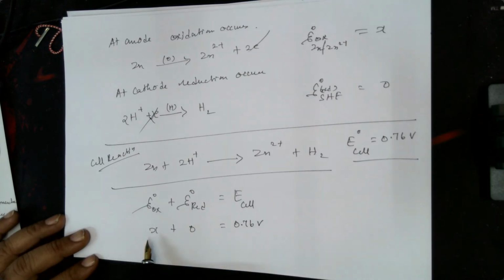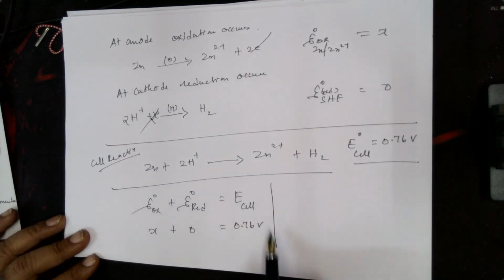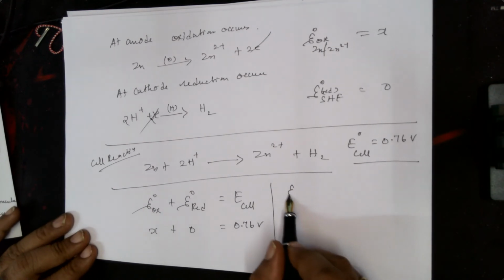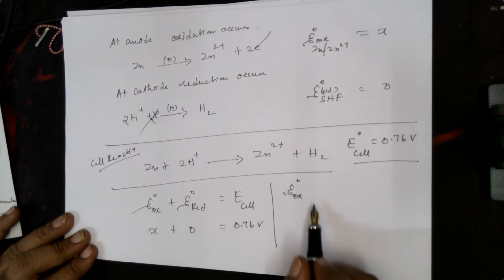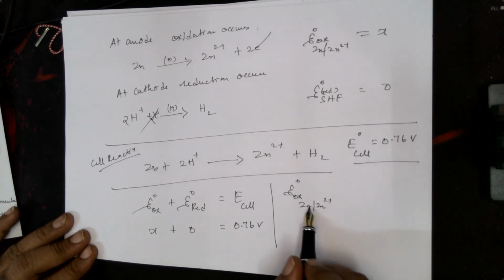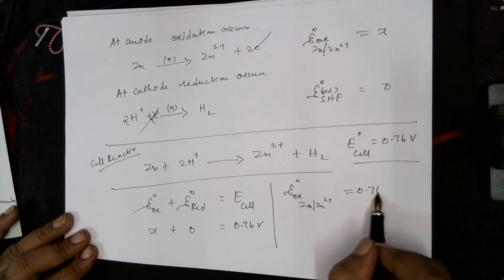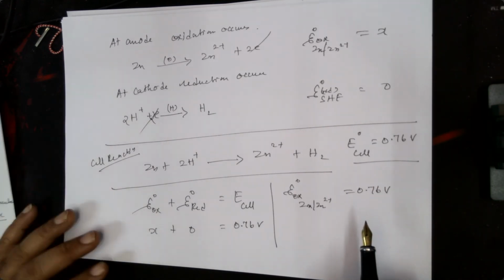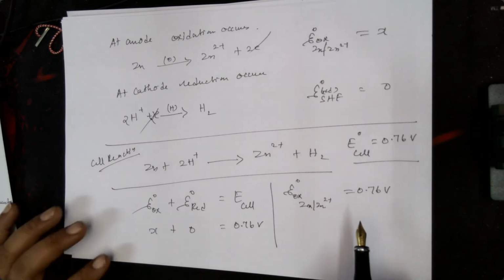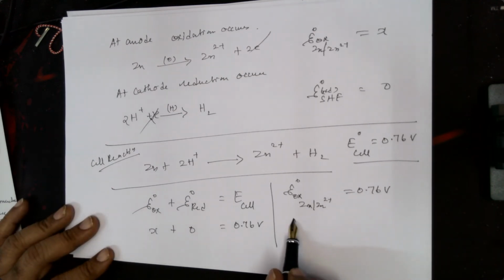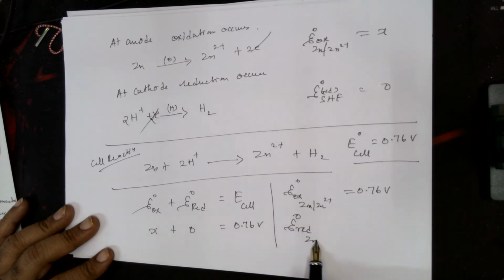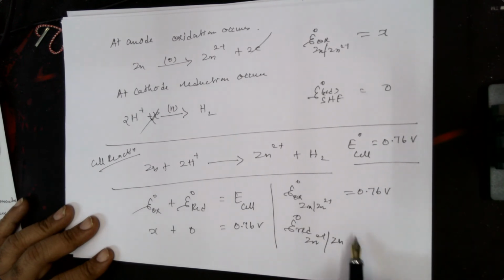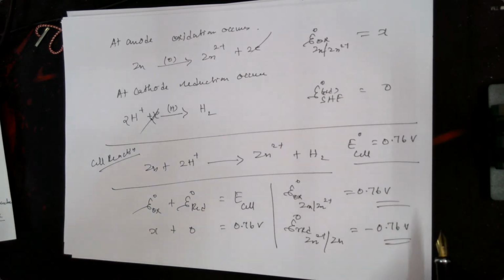Now what is the oxidation potential? Very simple. The oxidation potential of zinc dipped in Zn 2 plus is 0.76 volt. If you want to give this value in terms of reduction, change the sign. So E red, Zn 2 plus Zn, is equal to minus 0.76 volt. So you have to be very clever about this.